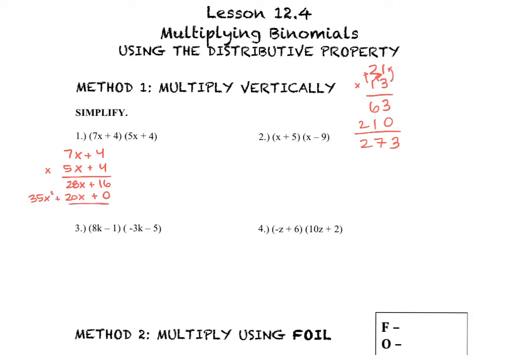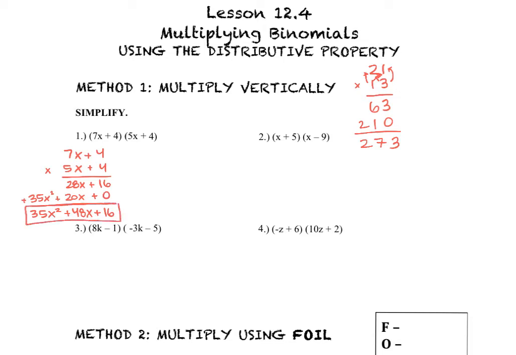This is also using some of the skills that we used yesterday when we talked about multiplying powers. And now I can just add these two, and thankfully the like terms are already lined up for me. So I have 35x squared, and then I have 28x and 20x, so that's 48x, and then plus 16. And that's your final answer.